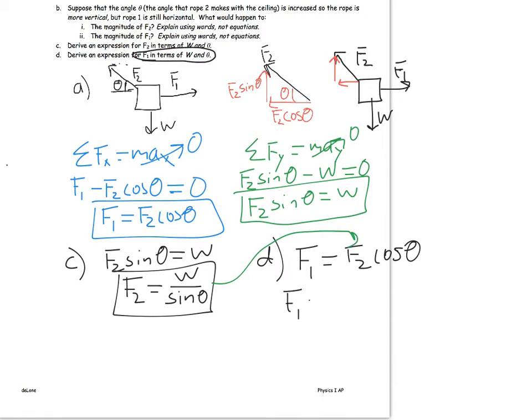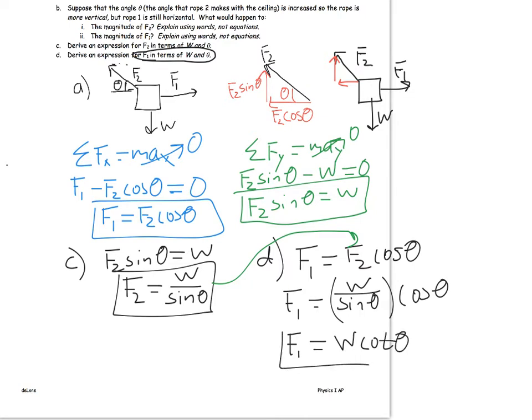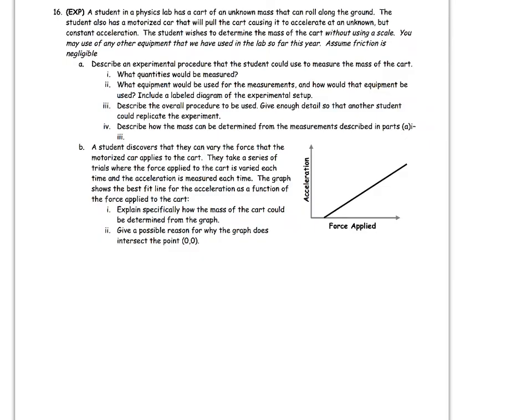So I'm going to say F1 is equal to W over sine of theta times cosine of theta. And that's an acceptable answer if you leave it like that. However, if you're feeling fancy and you would like to use some trig identities, cosine over sine is actually cotangent, so you could say W cotangent of theta. Or you would actually say W over tangent of theta. Any of these are possible.